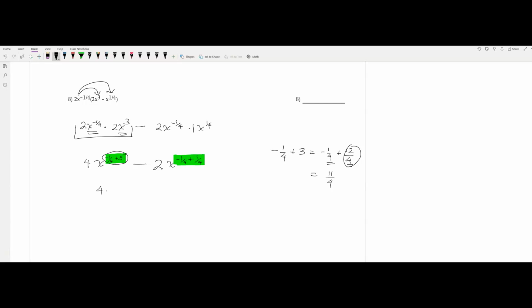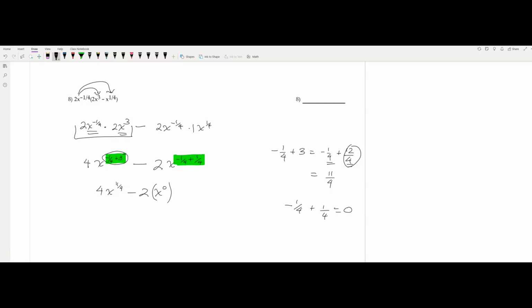So I have 4x to the power of 11 over 4 minus 2 times. And what is that here? Negative 1/4 plus 1/4 is equal to 0. So here, that's going to become x to the power of 0.